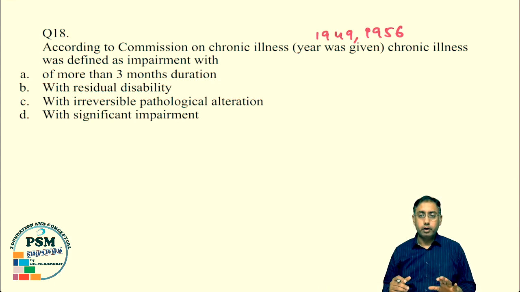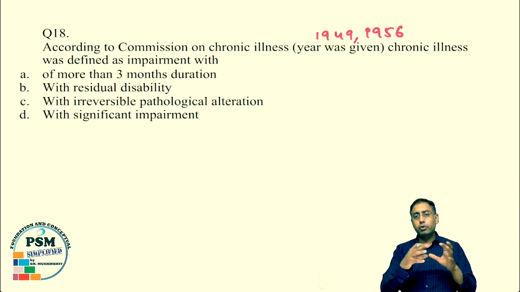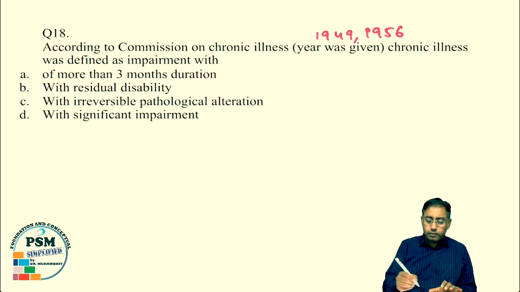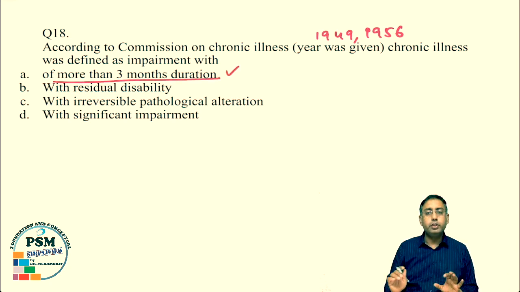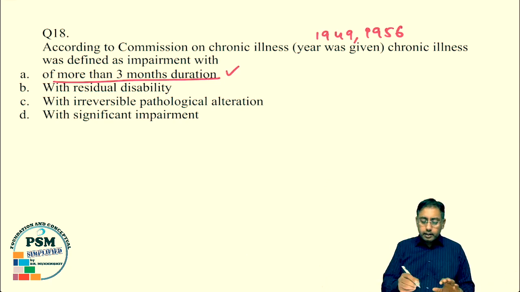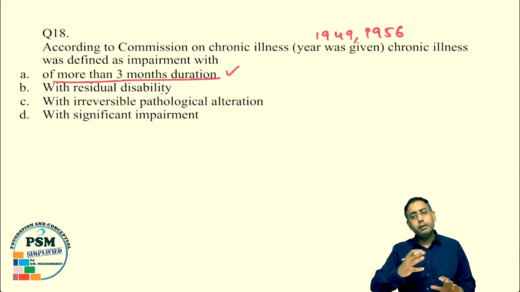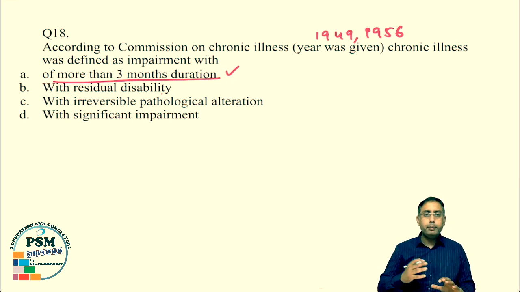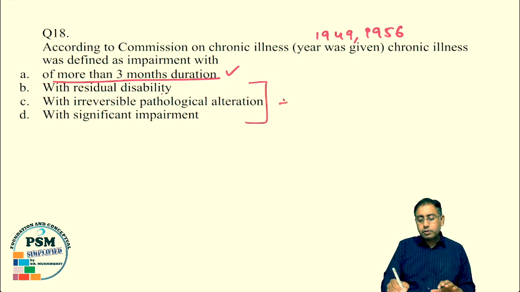which are being followed. Earlier, chronic illness was defined as anything of more than 3 months duration, which stays with us for a prolonged time. There is no criterion that there should be disability. It may be there, it may not be there. Impairment may be there, may not be there. Pathological alteration, they all mean the same, plus or minus.